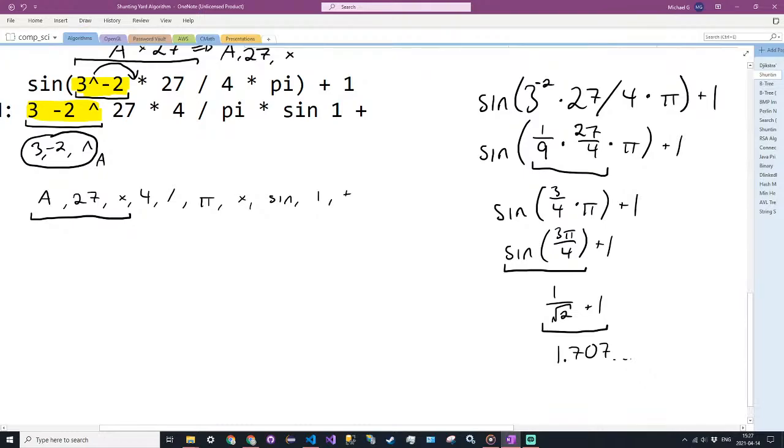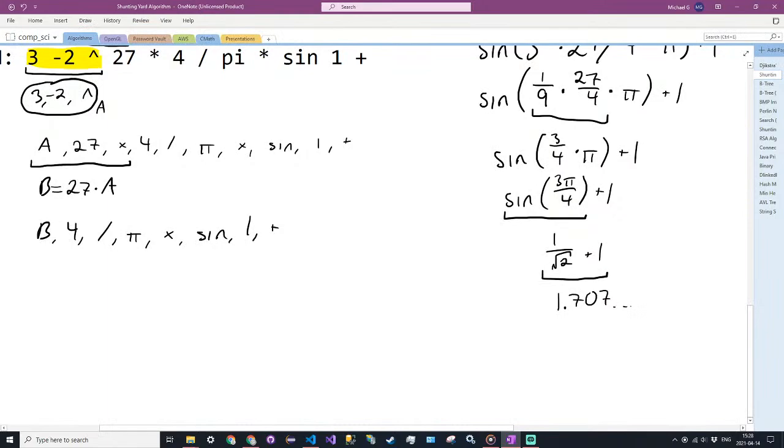So we now have A27 linked by a multiplication. We can call this B, equal to 27 times A. Then our list of tokens has been reduced to a B, a 4, division, pi, times, sine, 1, and then a plus.